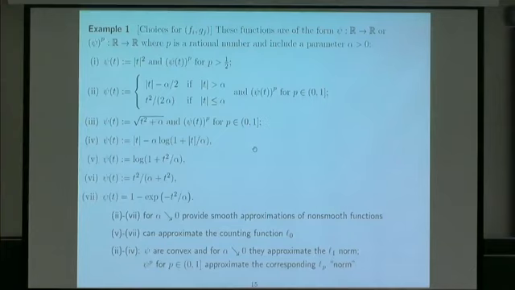Functions 2 to 4 are convex, and when alpha goes to 0, they approximate the L1 norm. Accordingly, this is very popular nowadays. People are using t to the power p, for p between 0 and 1, to approximate the corresponding Lp pseudonorm.